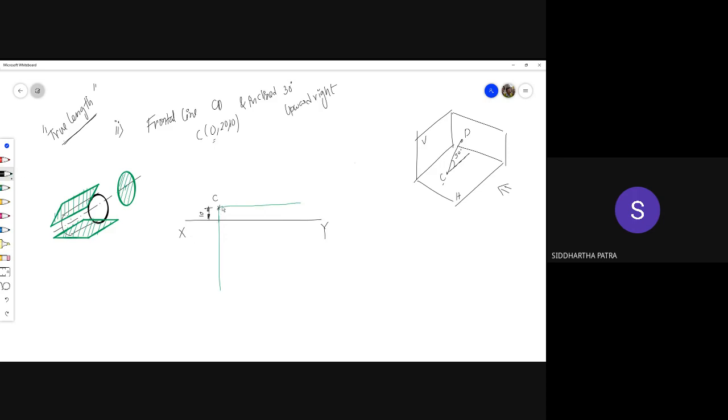Then with an angle of 30 degrees, you can draw the line CD of length 60 millimeters. So this one has a length of 60 millimeters and makes an angle of 30 degrees. And this is our angular dimensioning.